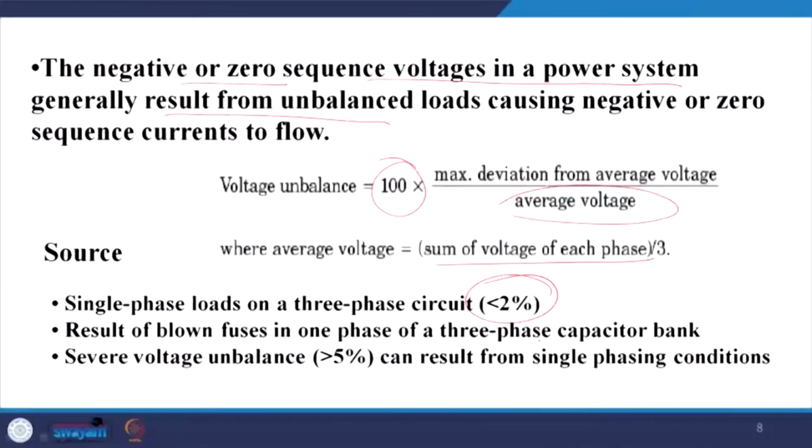A blown fuse in one phase of a 3-phase capacitor bank may cause a severe unbalance, more than 5%, which can result from the single phasing condition. I will show how even typical single phasing conditions can be mitigated by the shunt active power filter. So, recall this lecture, this condition there.